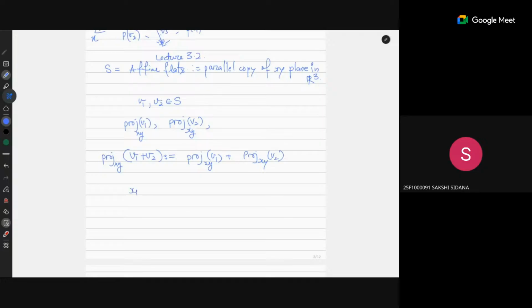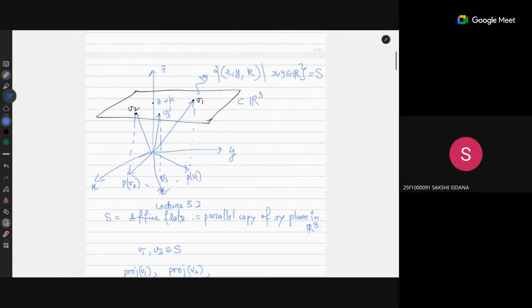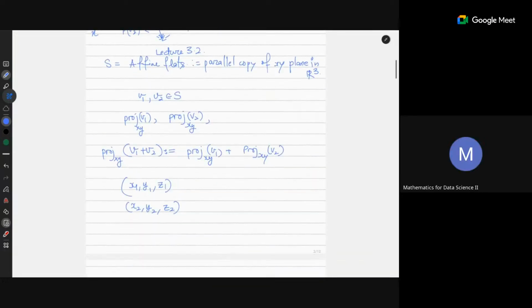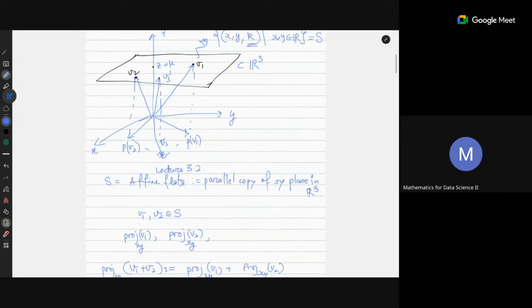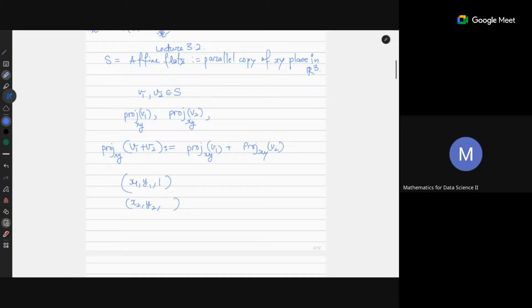Vector v1 has the coordinates x1, y1, z1, and vector v2 has the coordinates x2, y2, z2. If it is in S, then what will be the Z coordinate? It is always fixed. It will be the same. I've taken K, so it is at Z equal to K, so Z1 will be K, and Z2 will be K.